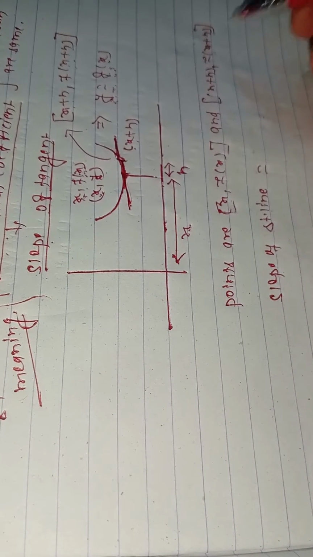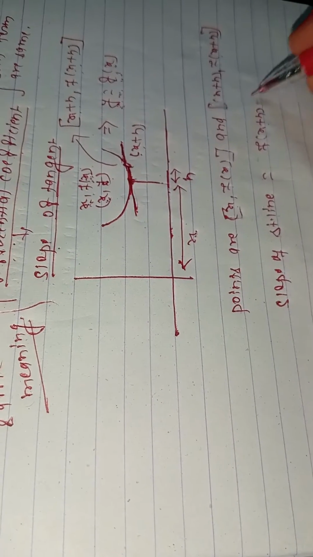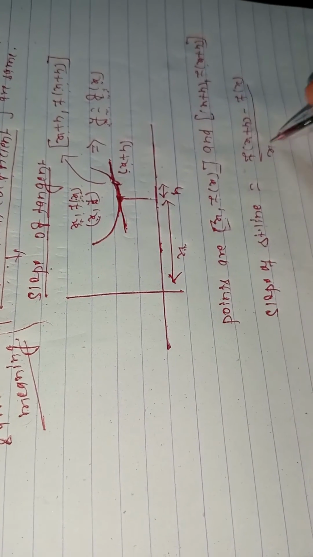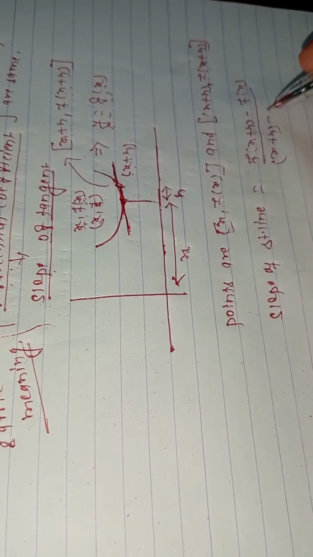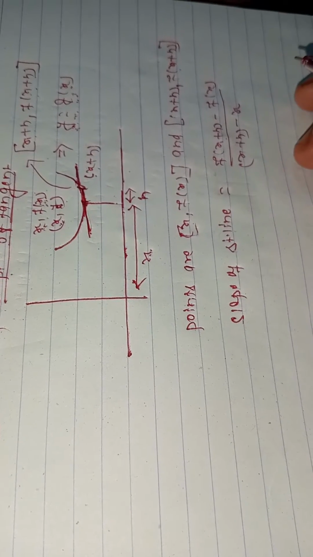You know that it is (y2 minus y1) upon (x2 minus x1). It is the slope of a straight line.